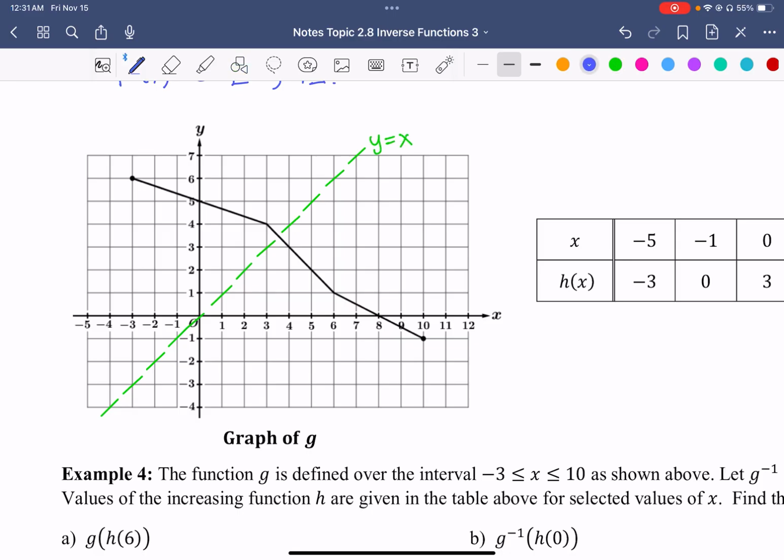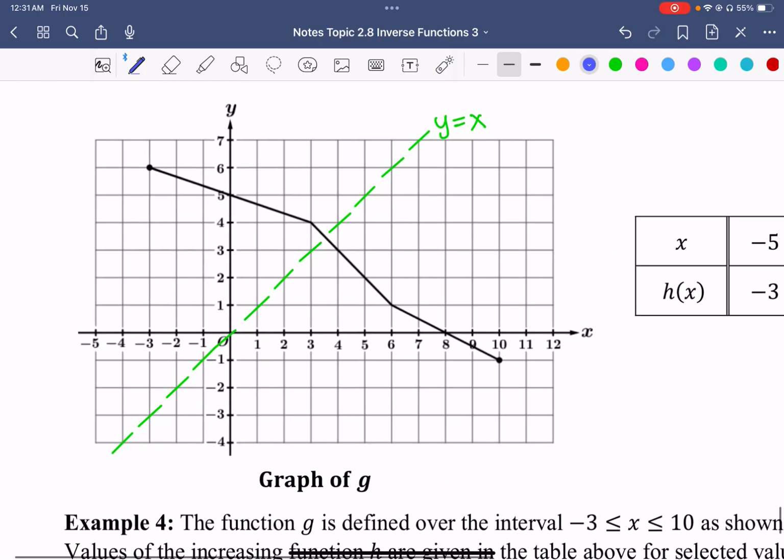Now, since these are line segments, all I need to do is find the endpoints. So we have -3, 6, which will become 6, -3. Next, I have 3, 4, which will become 4, 3. Next, we have this one, which is 6, 1.